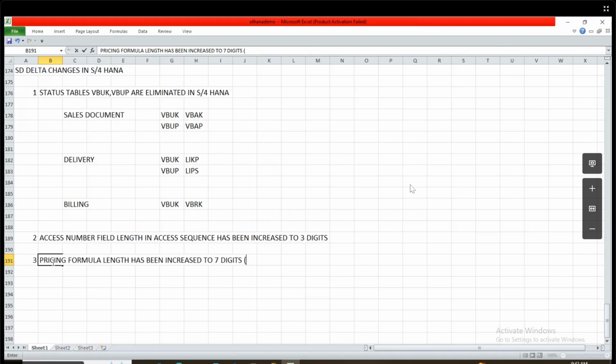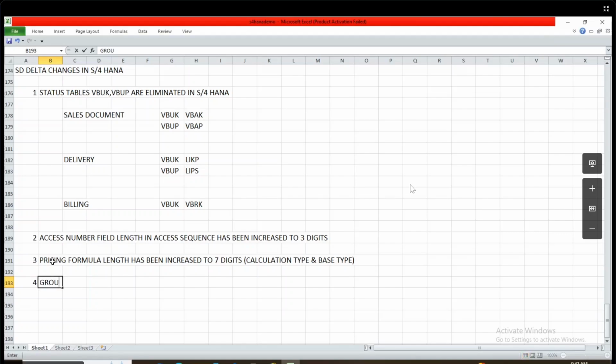Bracket calculation type and base type. So this is just for information purposes. If in the interview they ask what is the change in pricing formula in S4HANA, just for interview purposes.